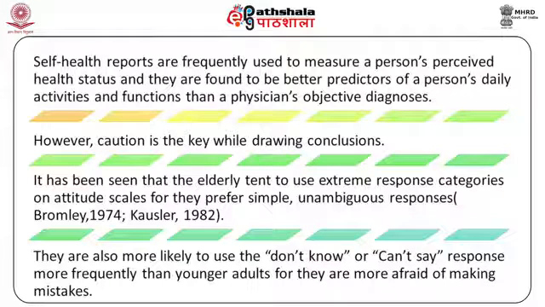It has been seen that the elderly tend to use extreme response categories on attitude scales, for they prefer simple, unambiguous responses. They are also more likely to use the "don't know" or "can't say" response more frequently than younger adults, for they are more afraid of making mistakes.